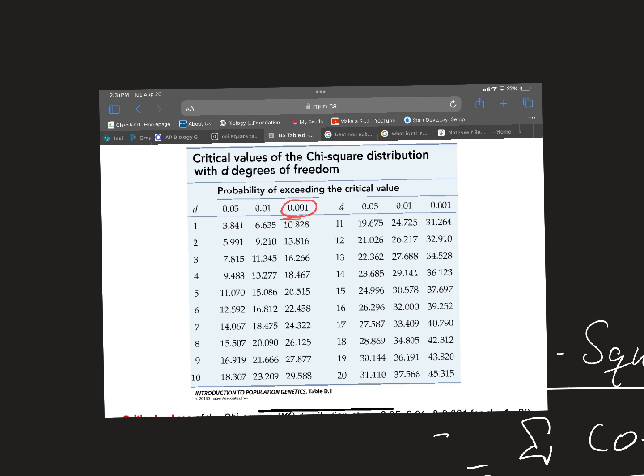I'm going to say no. I think there's a good possibility that it's due to random luck. It has to happen at 1% or less. So that means my chi-square value has to be greater than 10.828 in order to reject the null hypothesis.